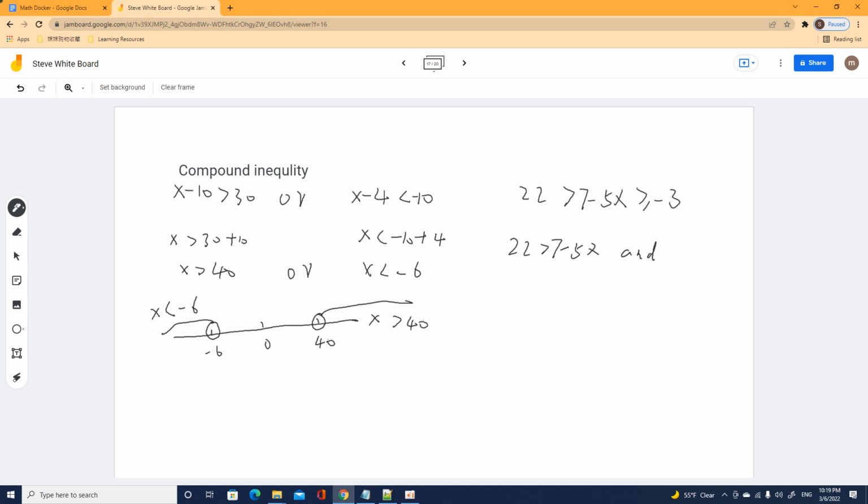And remember, this is the and, not or. We also solve this one by one. I move the 5x to the left side.